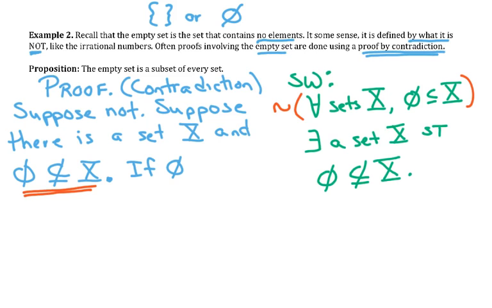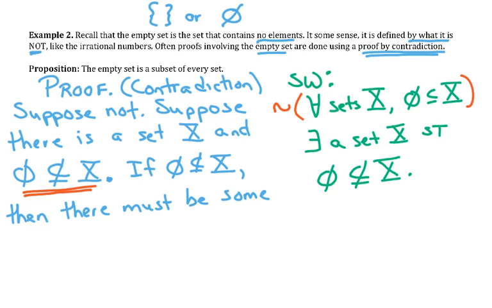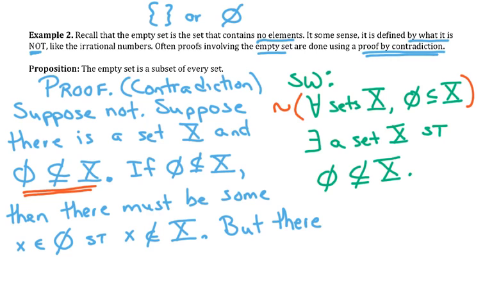So if this is not a subset of X, then there must be some little x in the empty set such that little x is not in uppercase X. But there are no elements in the empty set.